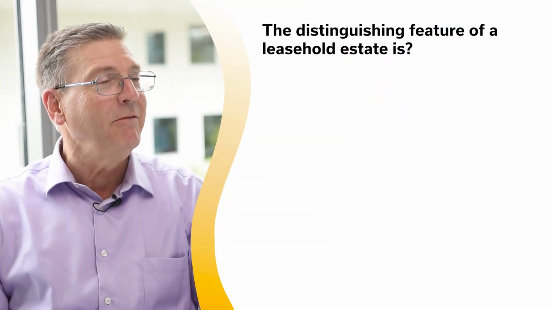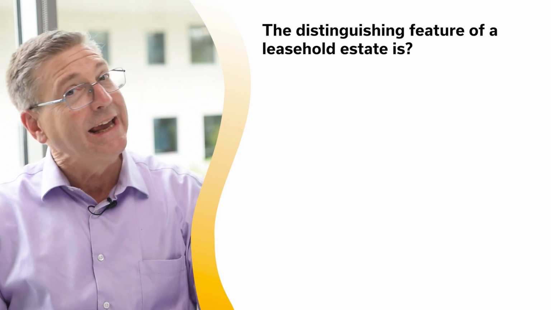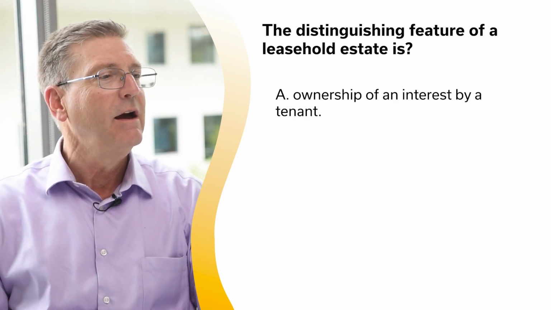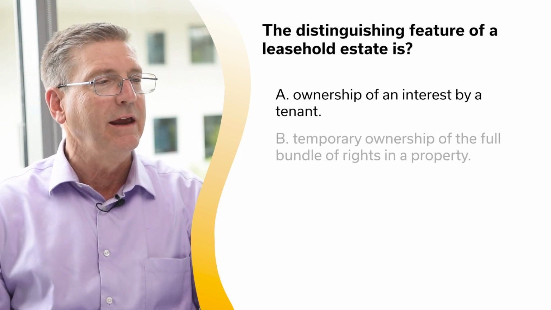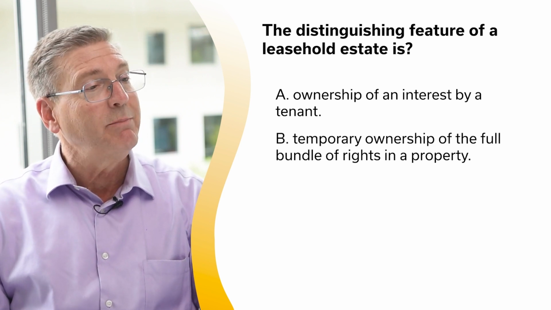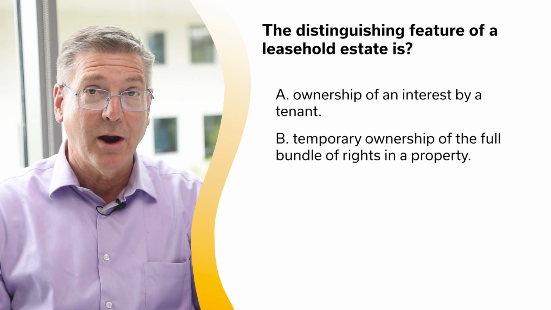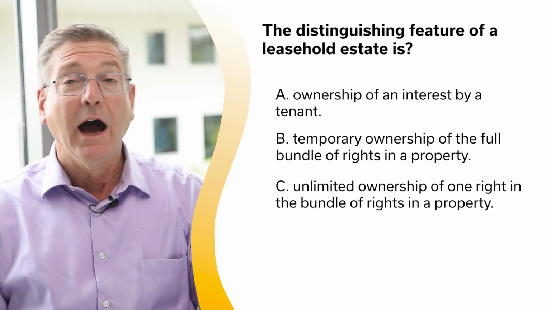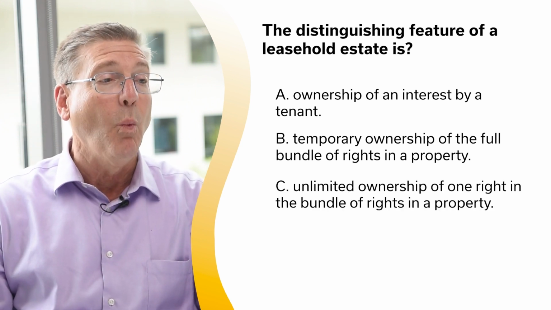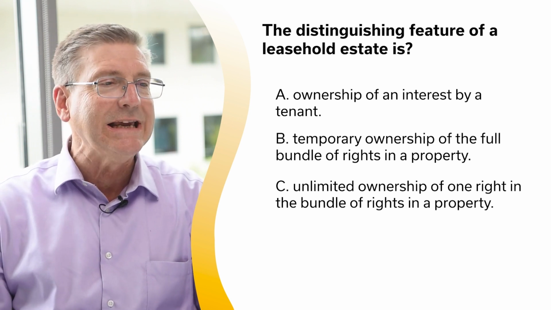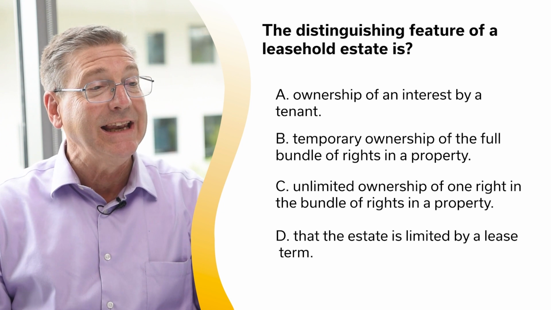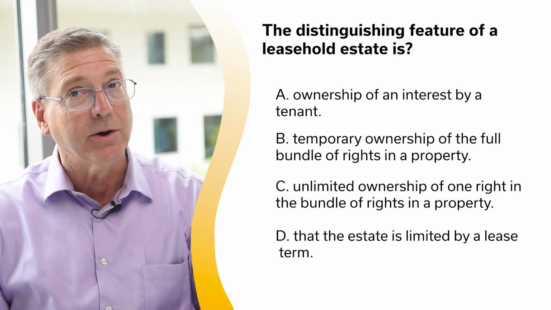The distinguishing feature of a leasehold estate is A, ownership of an interest by a tenant, B, temporary ownership of the full bundle of rights in a property, C, unlimited ownership of one right in the bundle of rights in a property, or D, that the estate is limited by a lease term.